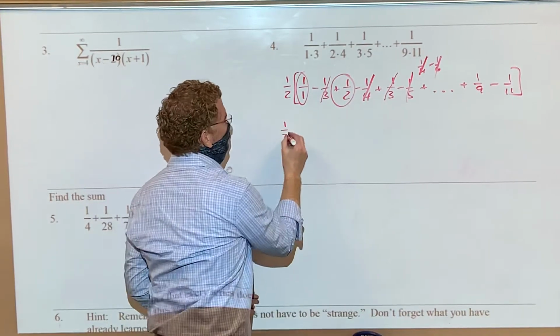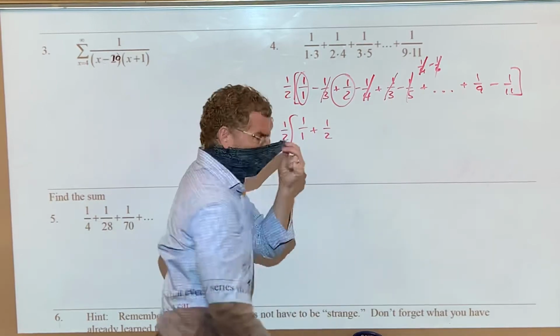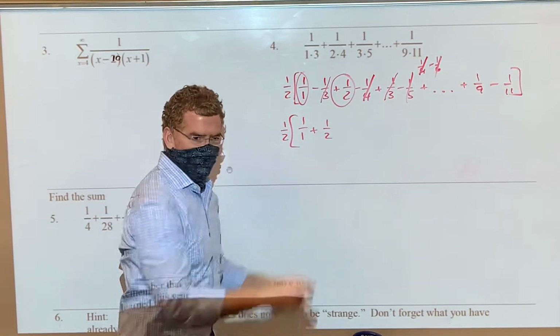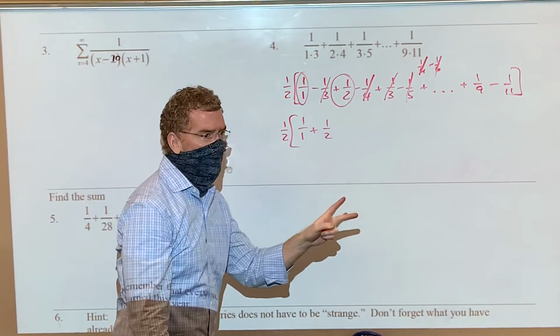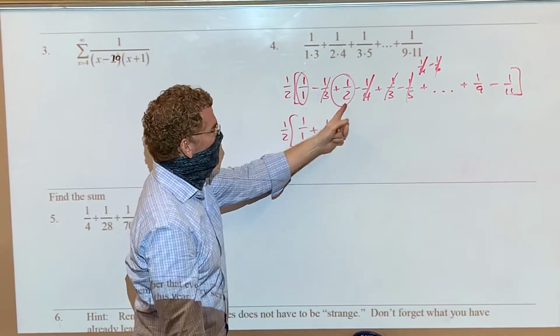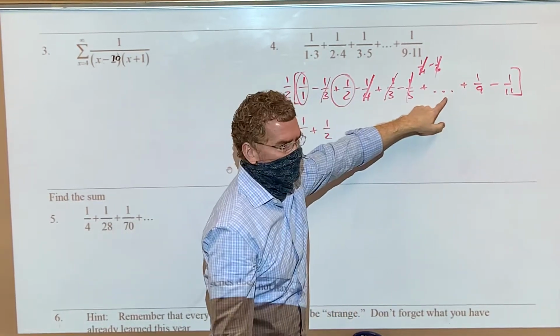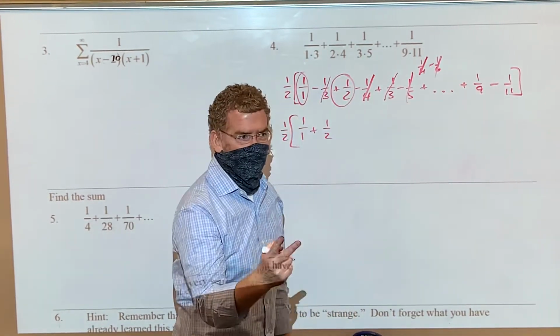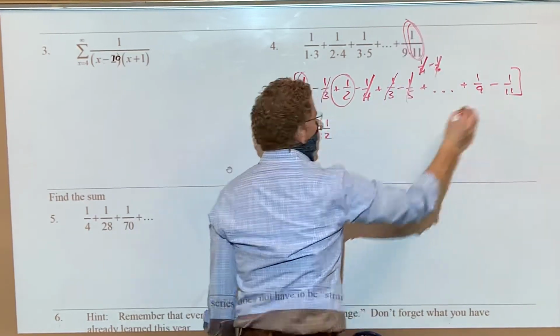So, if 2 positive terms out front are left, what should be left at the end? 2 negative terms. Not the last 2, because this was like first and third. So it'll be last and third from last. But it's the last 2 negatives. So I grabbed that last negative, which was pretty obvious, right? Negative 1/11.